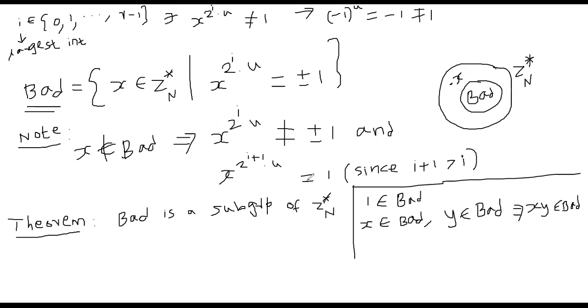If this was also not equal to 1, we would have selected i plus 1, right? But we selected i to be the largest integer. Therefore, x power 2^(i+1) times u must be 1, which means the x that you have chosen randomly from Z star n is a good x. That's the reason it's not belonging to BAD, which means that the sequence that we saw earlier will definitely contain two adjacent elements, such that one element is a square root of the next element, which means we can factor n. That's what we discussed earlier.